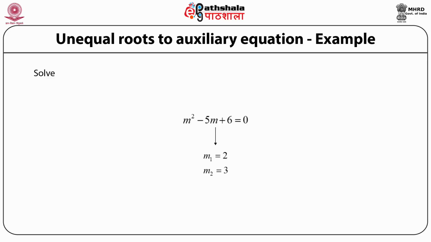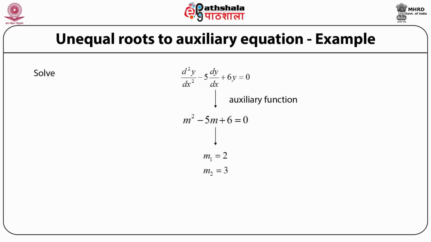We are going to find the roots of an equation. For the given equation as shown, d squared y by dx squared minus 5 dy by dx plus 6y is equal to 0, you can write d squared as m squared, then dy as m, and y, which is not differentiated, you can just write as the number 6. We know the roots of this equation are m1 equal to 2 and m2 equal to 3.